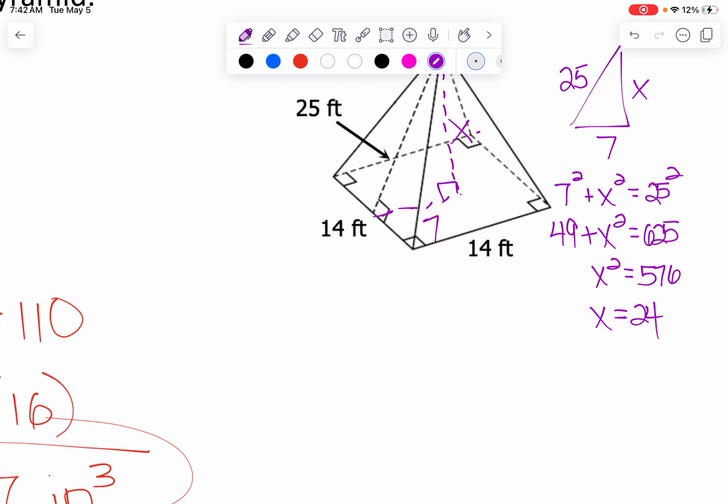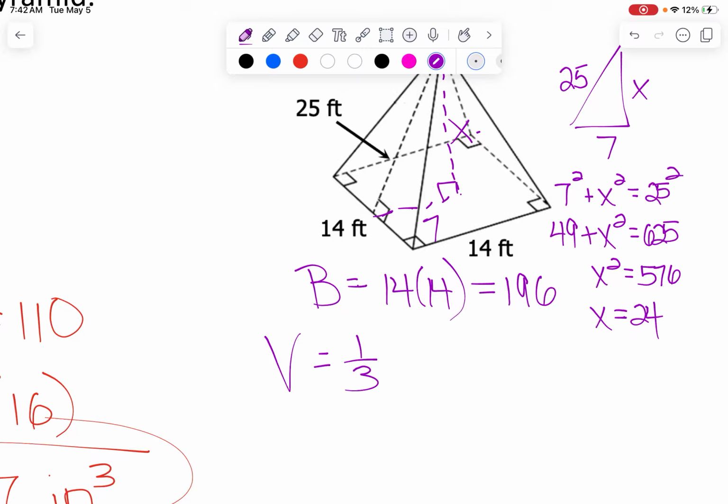Now I can apply the volume formula. The base is 14 times 14, which is 196. So I say 1/3 times 196 times 24.